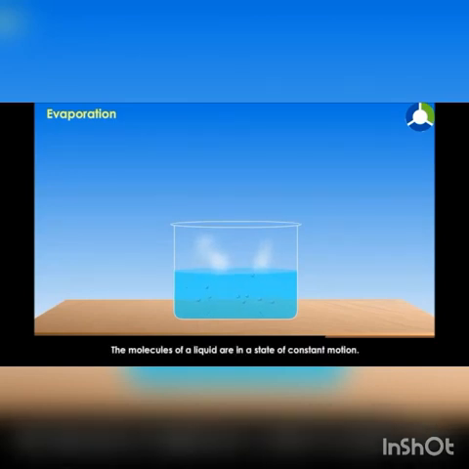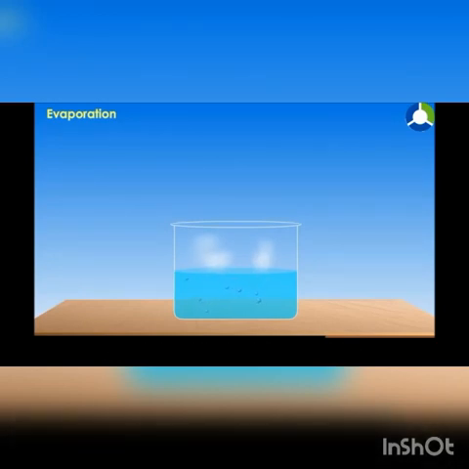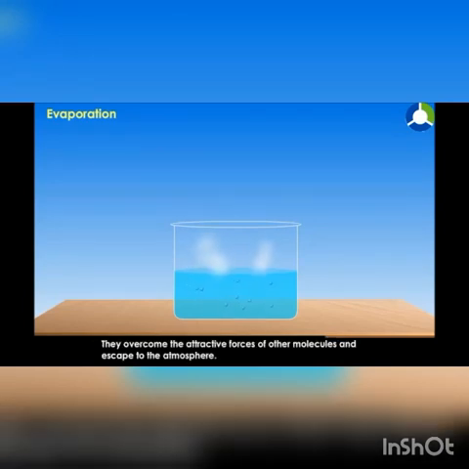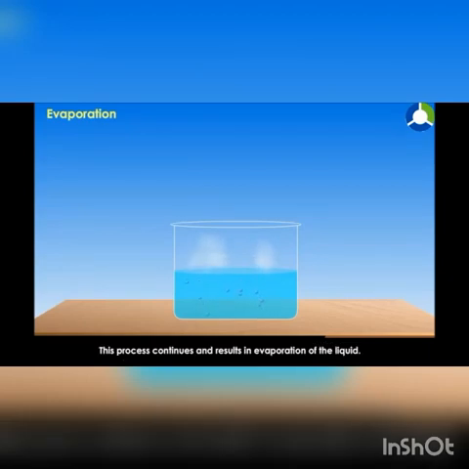The molecules of a liquid are in a state of constant motion. The molecules at the surface acquire sufficient kinetic energy from collisions. They overcome the attractive forces of other molecules and escape to the atmosphere. This process continues and results in evaporation of the liquid.